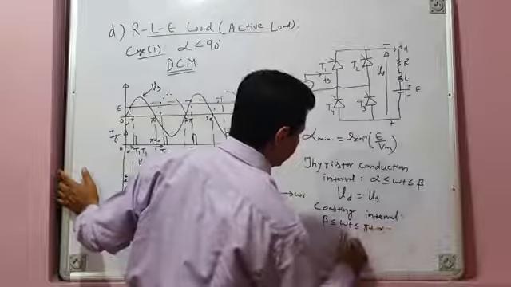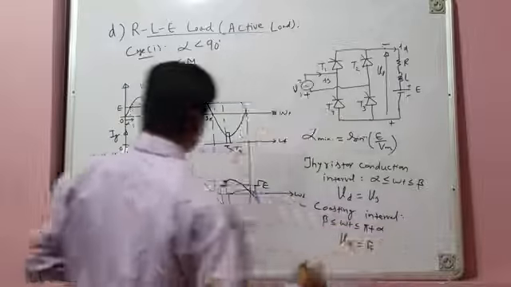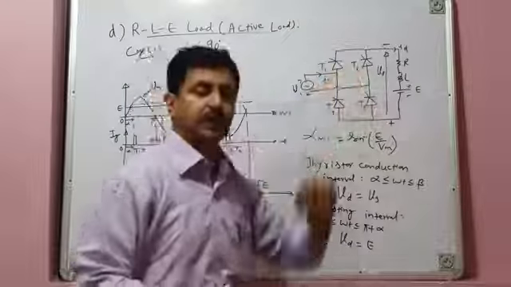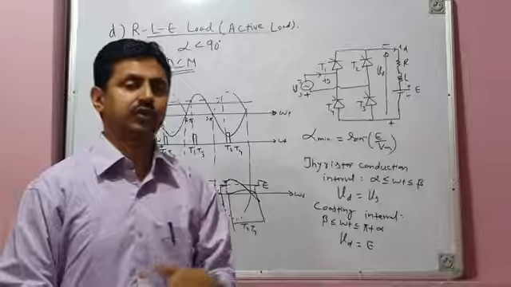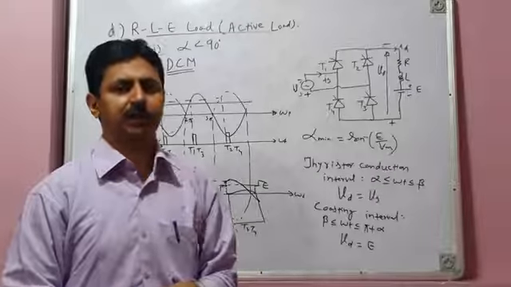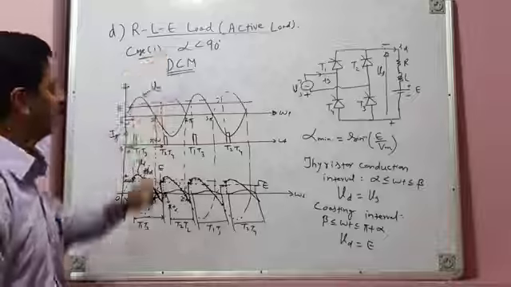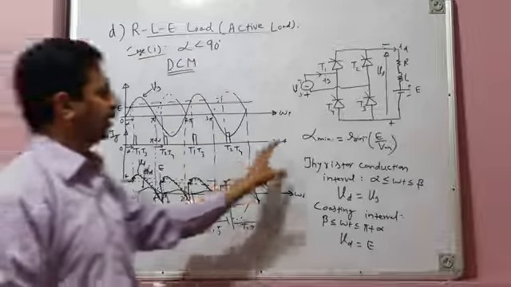During this period, Vd is equal to E. You don't have any freewheeling interval here, because there is nothing like freewheeling in a full converter. So therefore for discontinuous conduction mode of operation for alpha less than 90 degrees, we have identified two intervals.